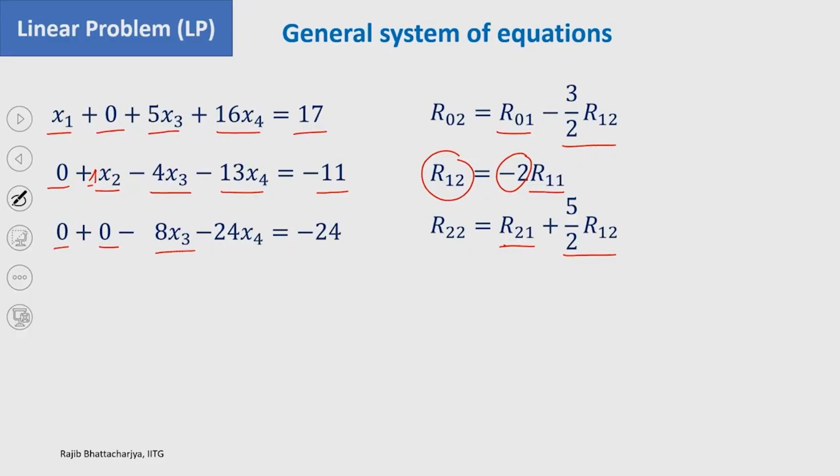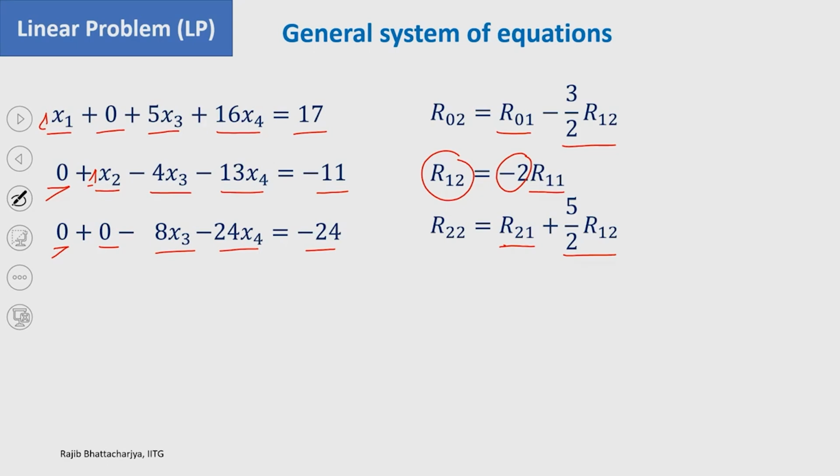So, now I am getting minus 8 x3 minus 24 x4 equal to minus 24. Okay. So, with this, the coefficient of x1 in equation 1 is 1 and for the others it is 0. Similarly, the coefficient of x2 in equation 2 is 1 and for the other equations it is 0.